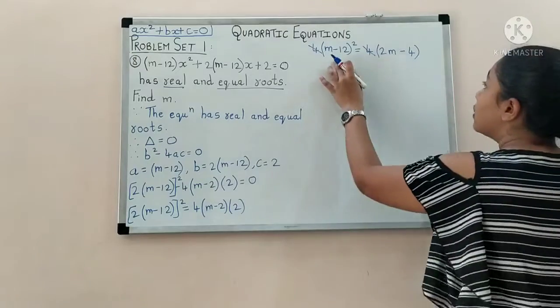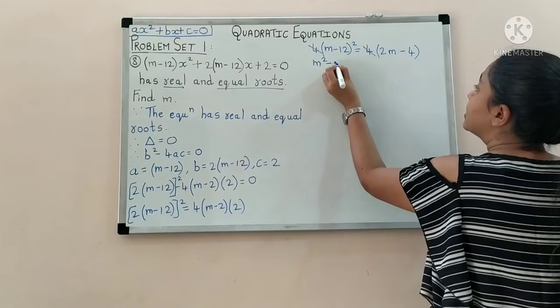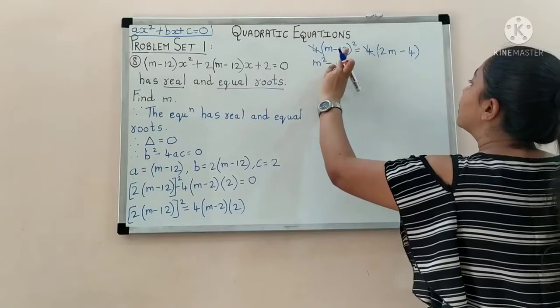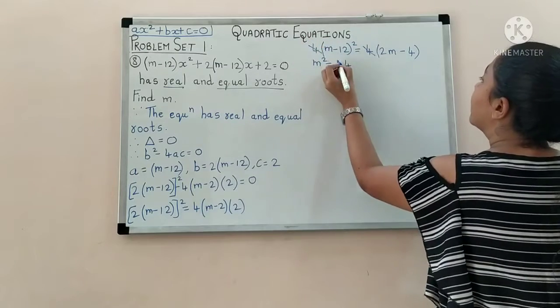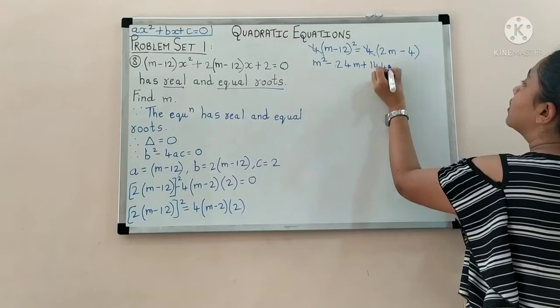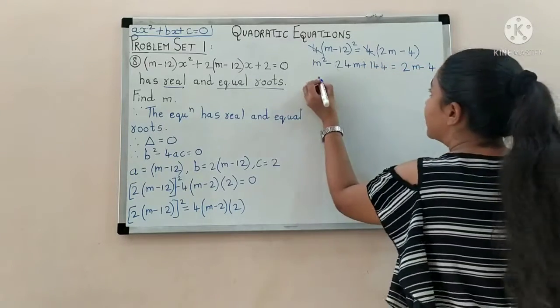So now solve this a minus b the whole square. So it will be m square minus 24m, because it will be 2 into m into 12, so it will be 24m, plus 144 is equal to 2m minus 4. Okay, now simplify it further.